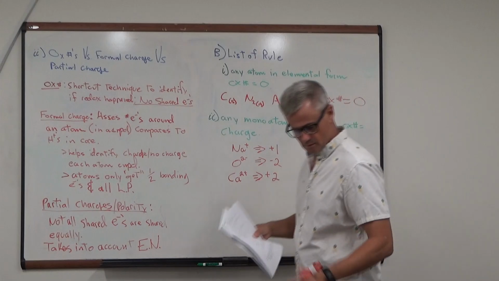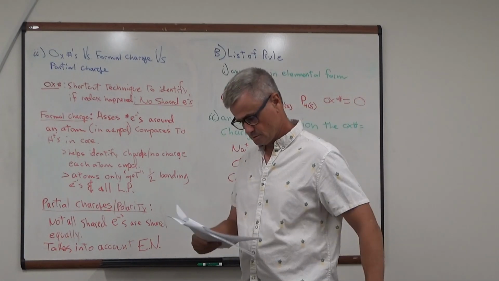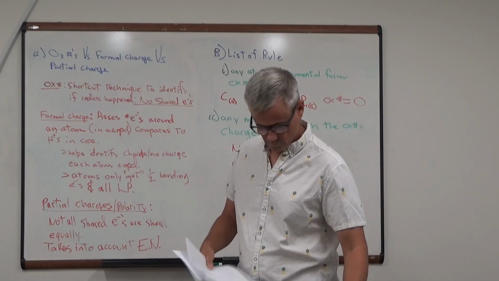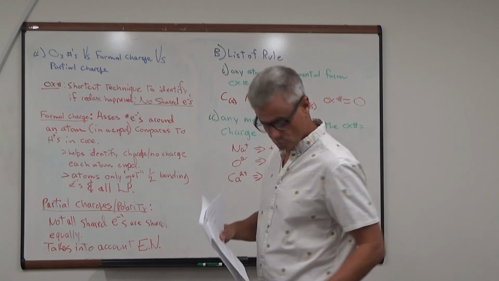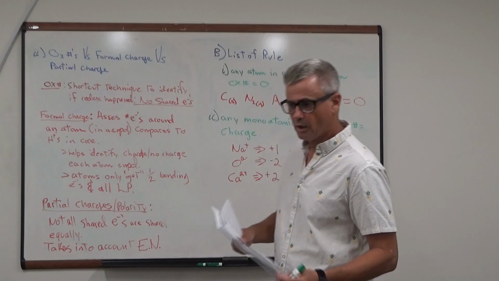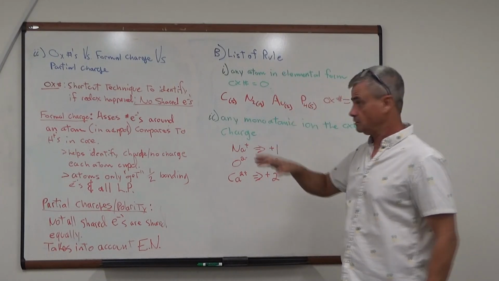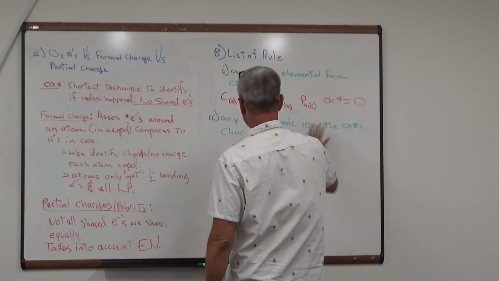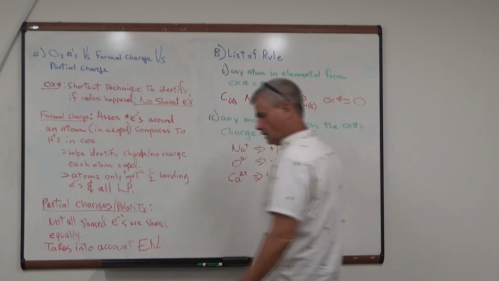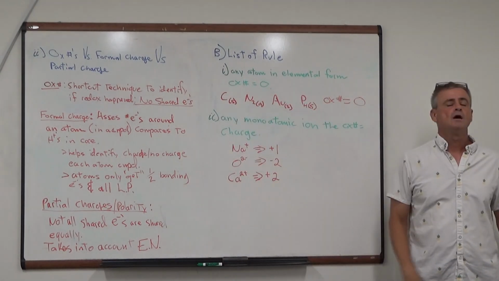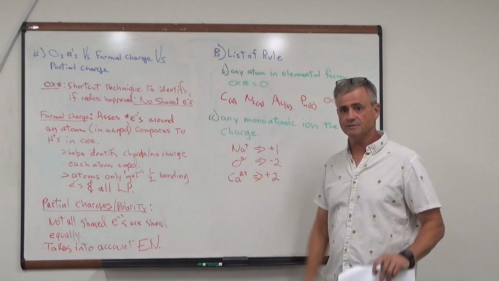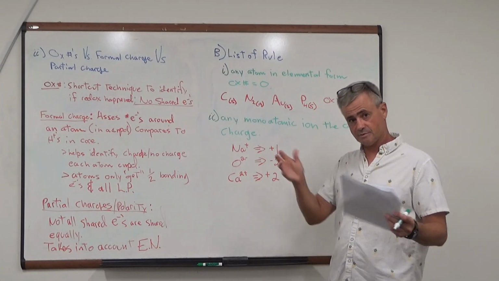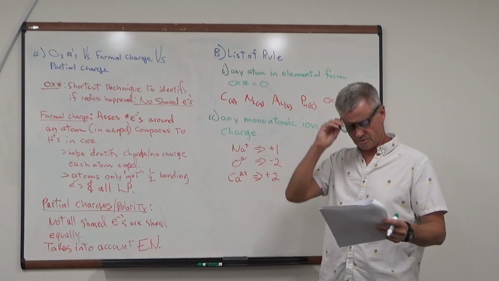And then non-metals, on the periodic chart, things over in this area right here. Those tend to be negative, but kind of like the halogens, they can be positive, particularly if they're in compounds with oxygen.